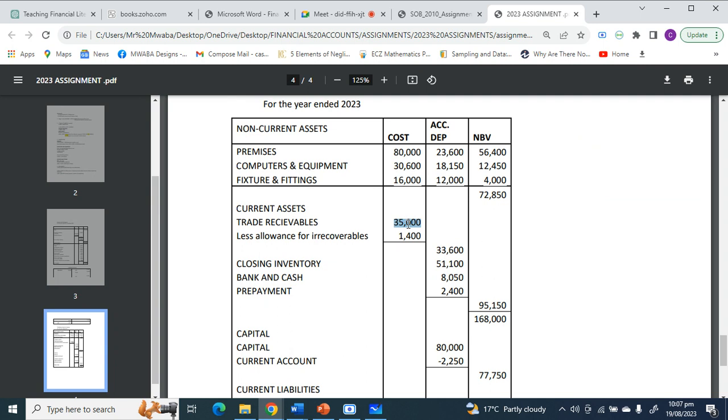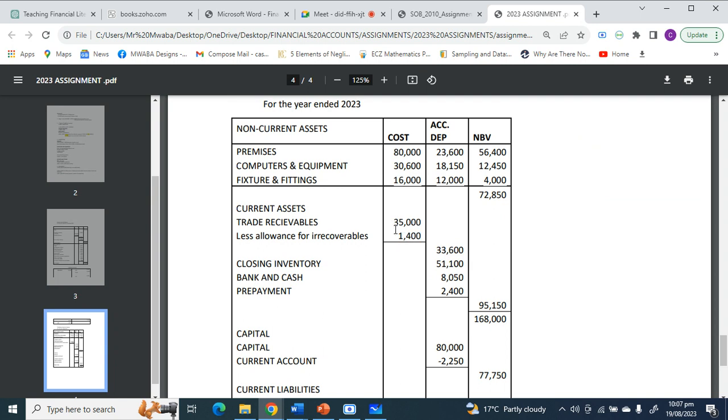Then we also deduct the allowance for irrecoverables. When we tabulated, it was 1,400. On the statement of profit or loss, you're just putting the increase or the decrease. But in the balance sheet, you're putting the actual amount that you calculated. So do not put that 200 kwacha increase here. It will be wrong.